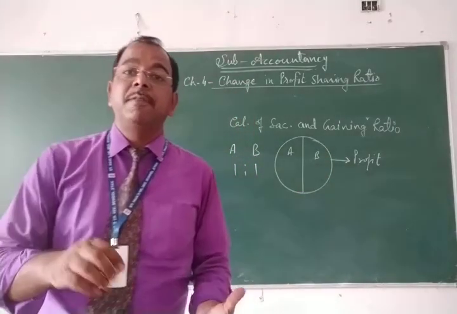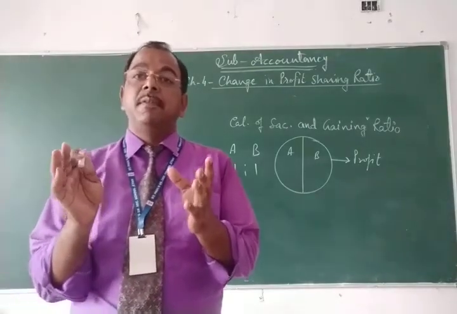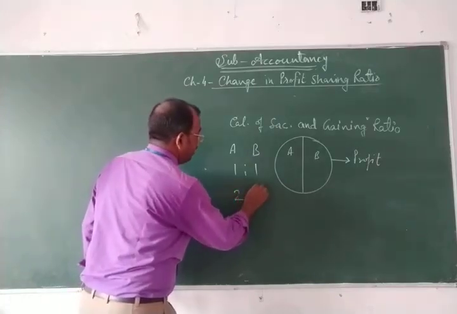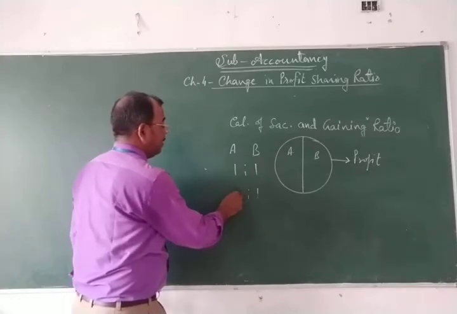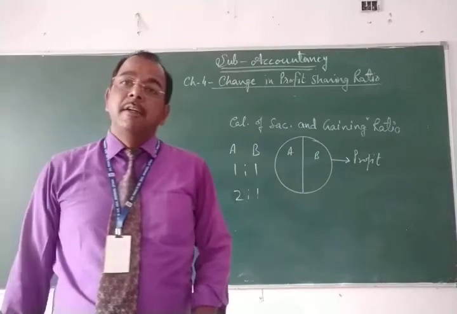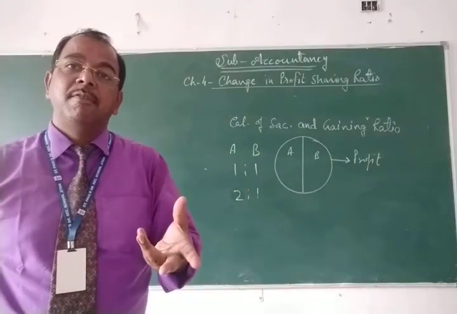But after changing their shares, suppose they have decided as 2 and 1. So now the ratio is 2 and 1. What does it mean?